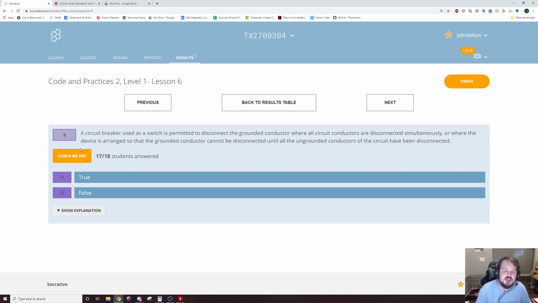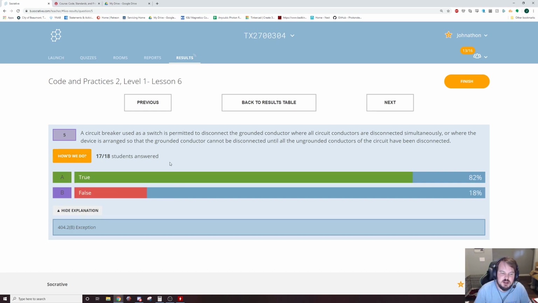That's just literally the next paragraph. 404.2b exception. It's the exception, so it's in the little italics section of the book. You can look at it and see that.